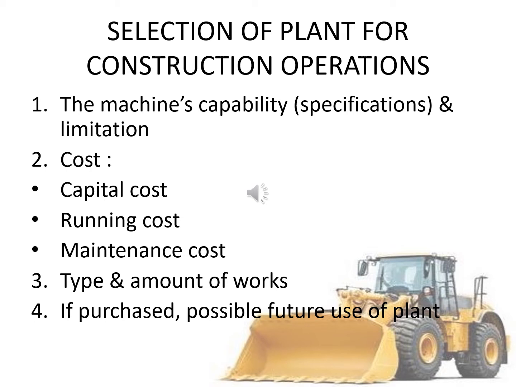First, capital cost. Second, running cost. And third is maintenance cost. Next is type and amount of works. Lastly, if purchasing the construction plant and machineries, need to consider the possible future use of plant.